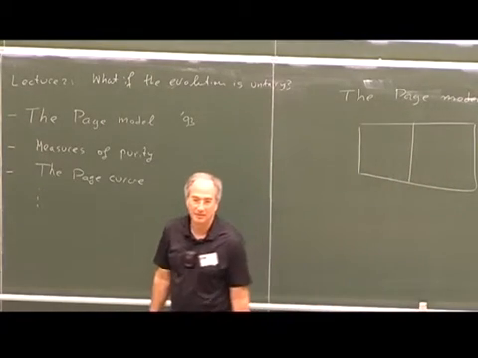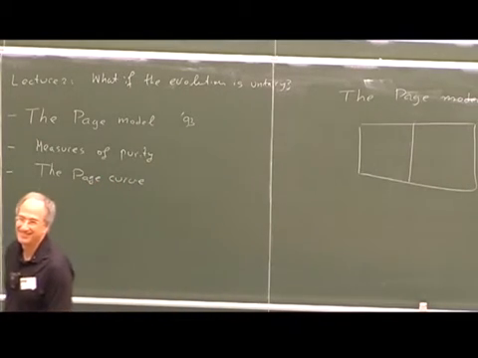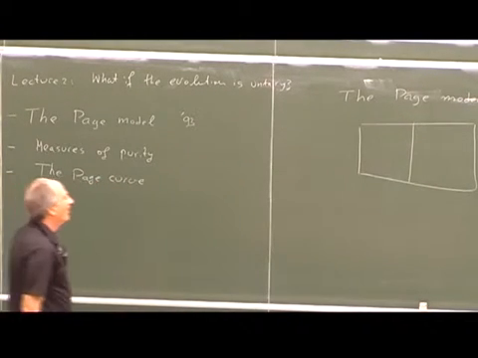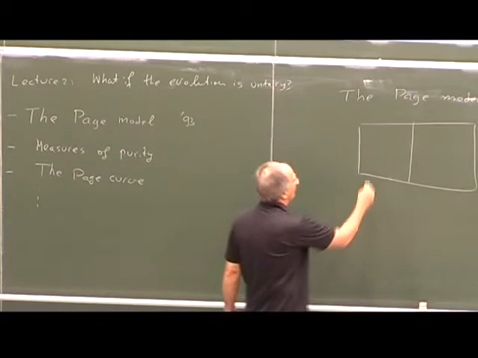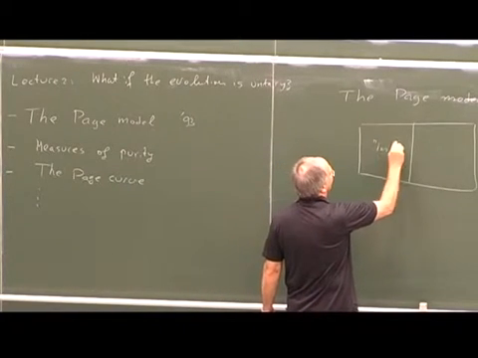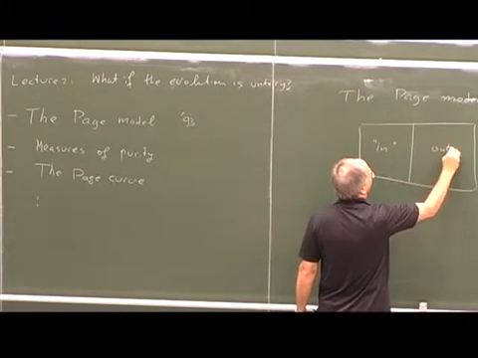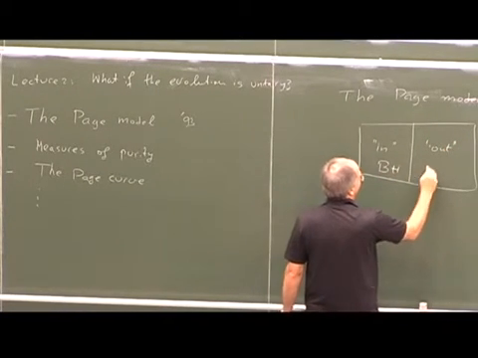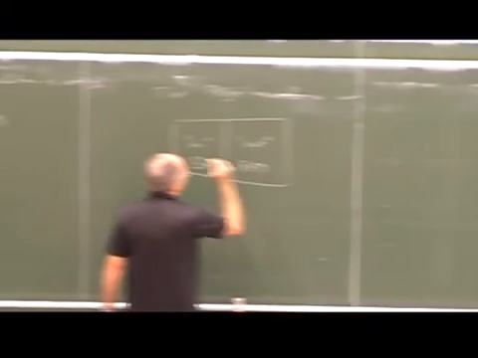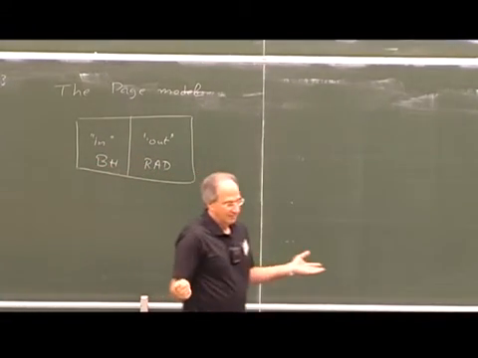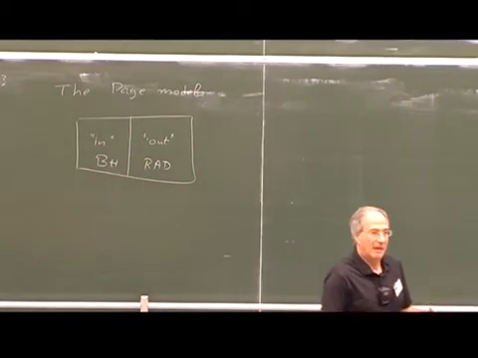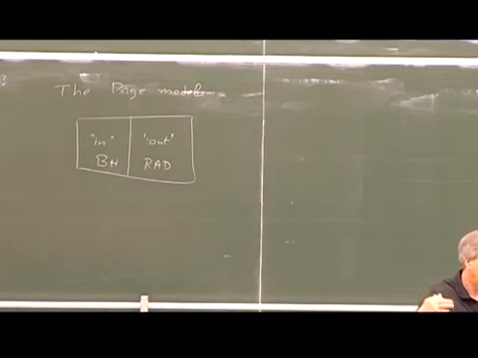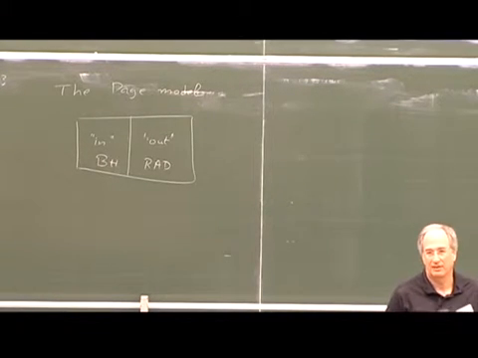This is the Page model. So basically what he's saying is the following. We have a black hole that is emitting radiation. We saw that in the previous lecture.